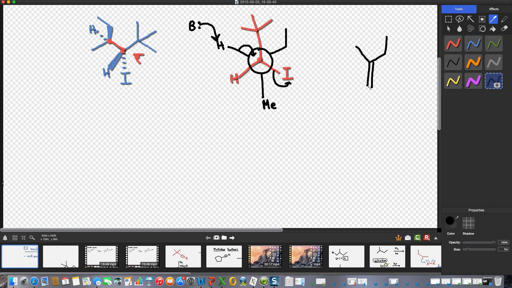So I will put the t-butyl group on the same side, and the hydrogen will be trans-like to ethyl because in the Newman projection it is anti to ethyl. This, of course, gives us a Z-alkene. We will not get a mixture of E and Z in this reaction. It is stereospecific.